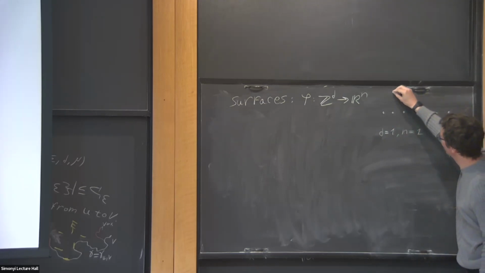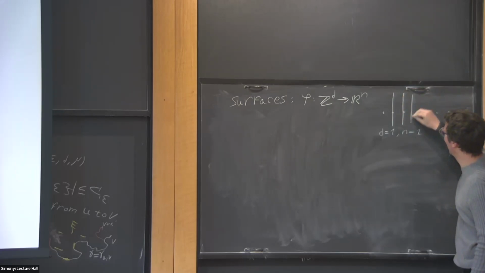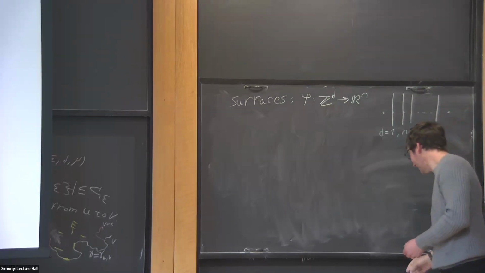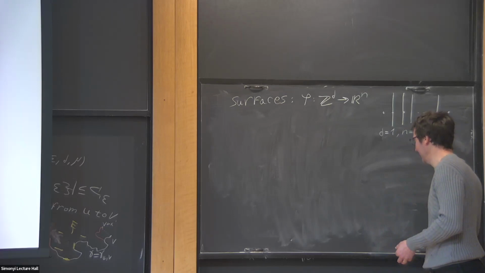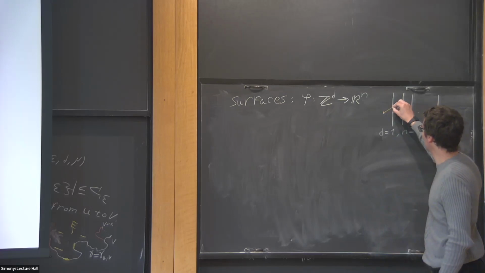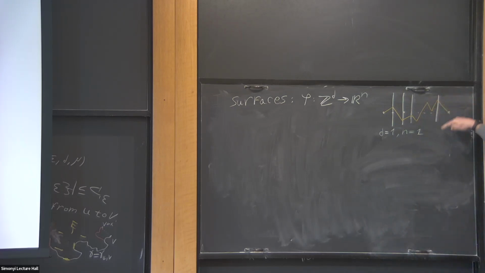In that case, I'm going to put a copy of R above the axis, above Z. And then my minimal path, or geodesic, or surface, is going to be a general function like that. So it's just going to choose for every one of these real lines a number.